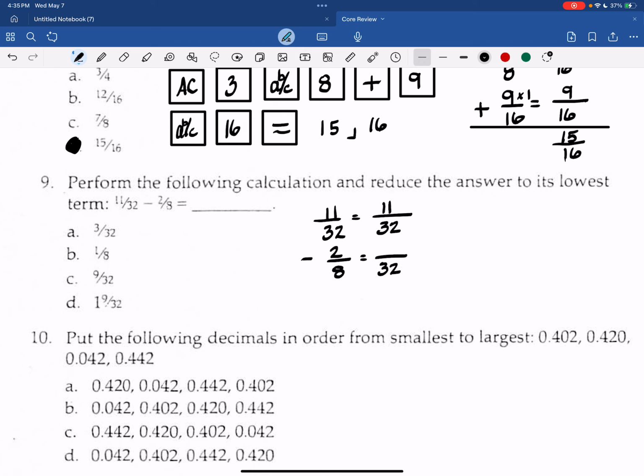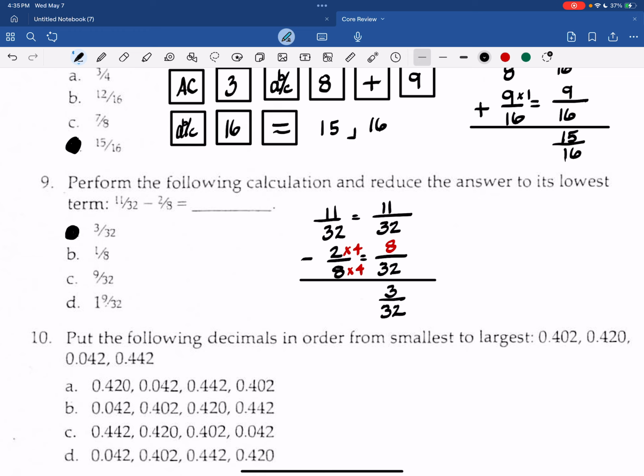Nothing changes up here, but down here, 8 goes into 32 4 times. Or you can think of it this way: 8 times 4 is 32, so 2 times 4 is 8. And remember that you're subtracting. So 11 minus 8 is 3 over 32, and that will not simplify.